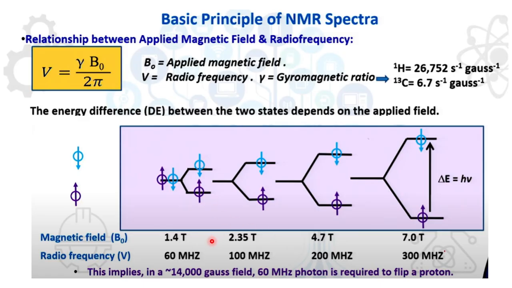Depending on the strength of the external magnetic field, the gap between these two states, the ground state and excited state, will differ. If the field is higher, obviously the gap will be high.